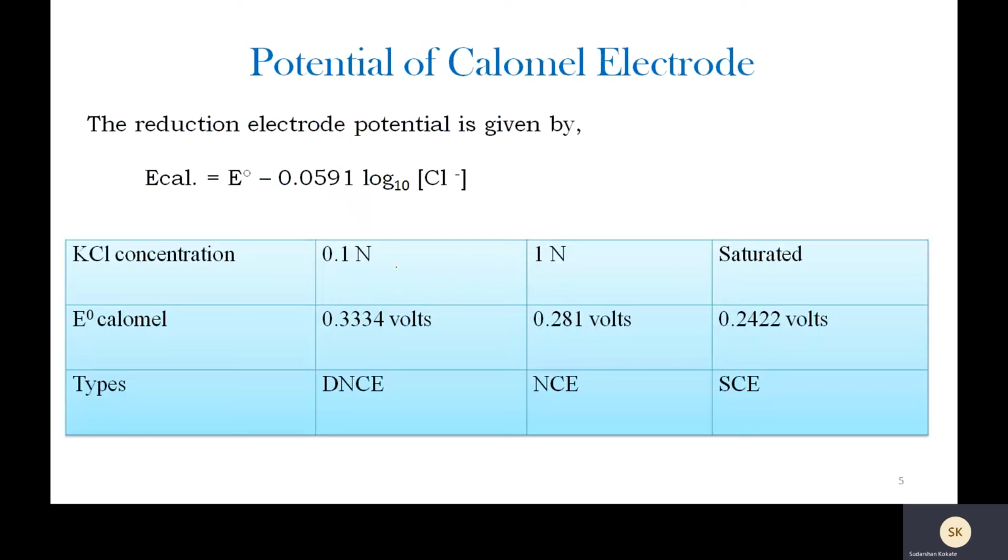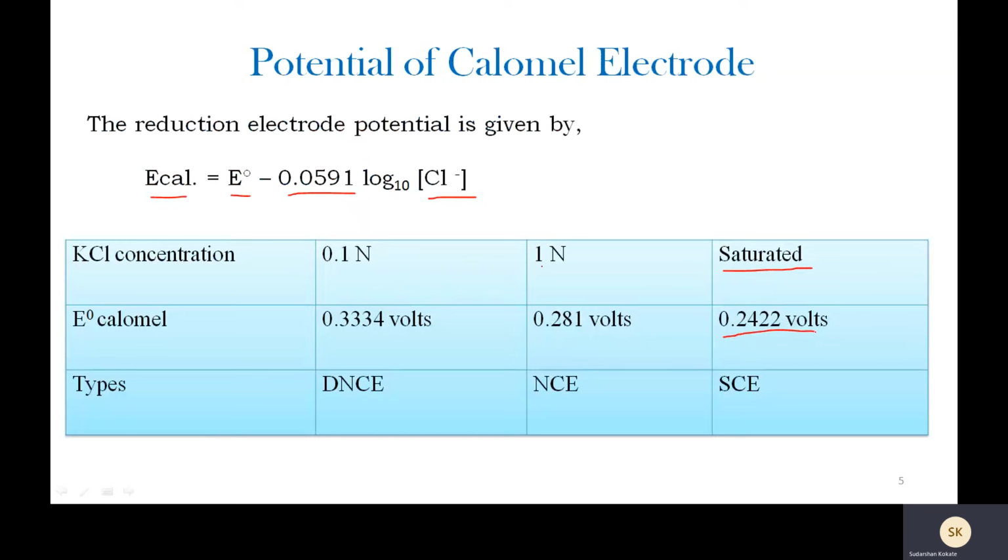The reduction potential of the calomel electrode is given by: electrode potential of calomel electrode equals the standard electrode potential minus 0.0591 log to the base 10 of the Cl minus ion concentration. Now, the reduction potential of the calomel electrode on the hydrogen scale at 298 Kelvin: if the KCl solution is saturated, it is 0.2422 volt.